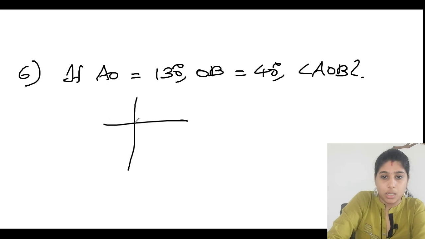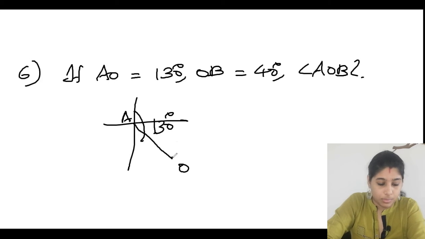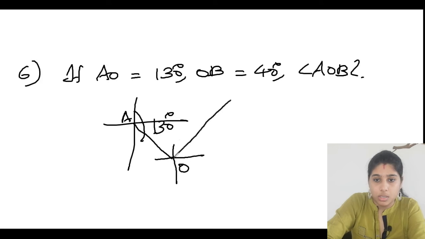AO is 130 degrees. And then what is OB? From here you have to mark first, this is 40 degrees, so this is OB.